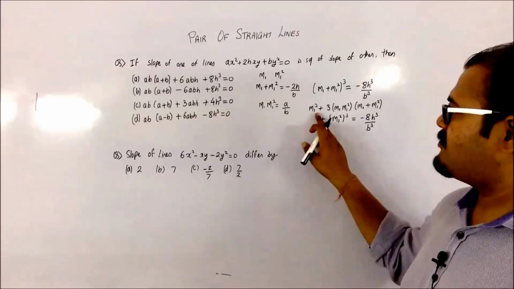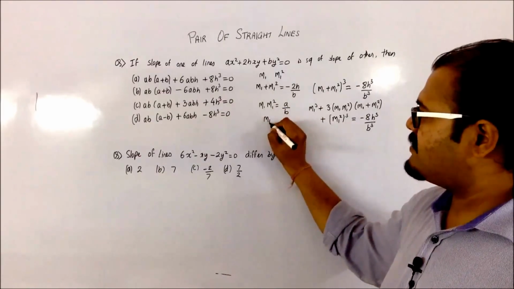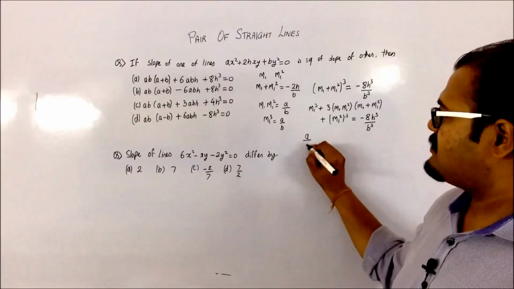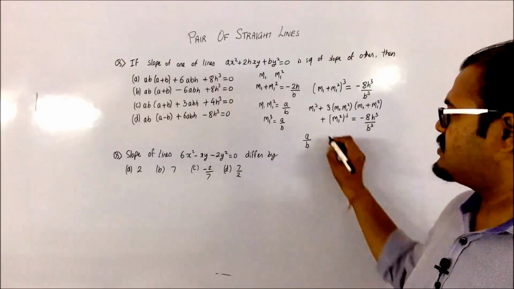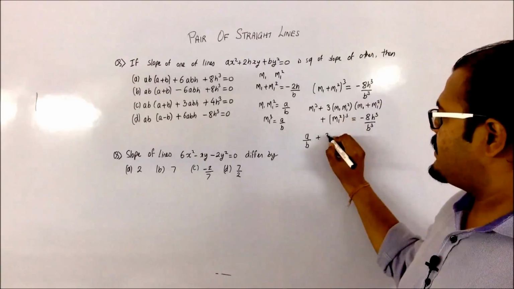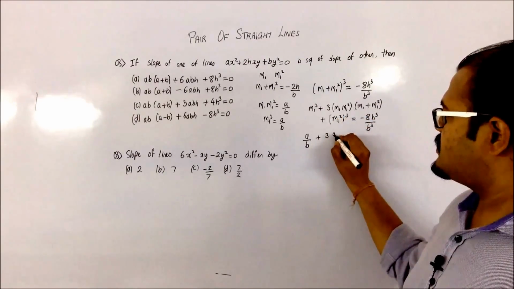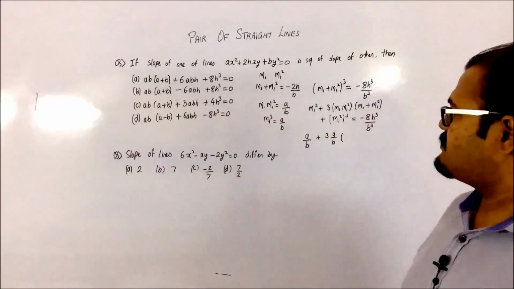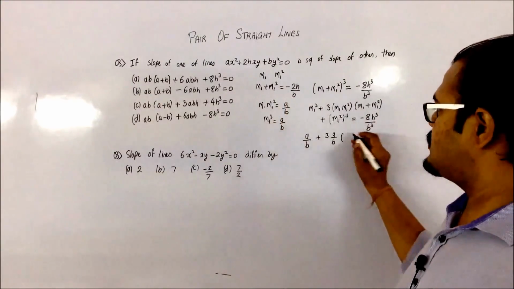Now I know that m1 cube, from here I will get m1 cube as a by b. So I will just substitute that value. So I will get a by b plus, again it is m1 cube, so it is a by b into, this is m1 plus m1 square, which is this particular term.